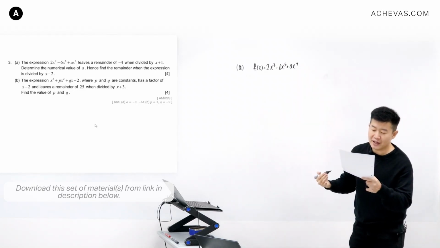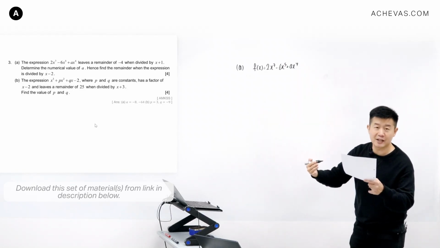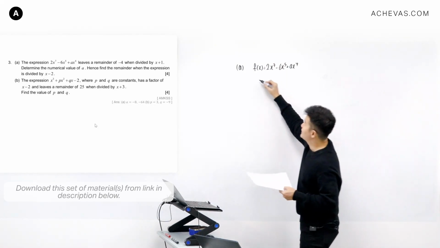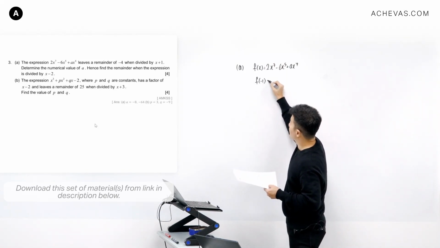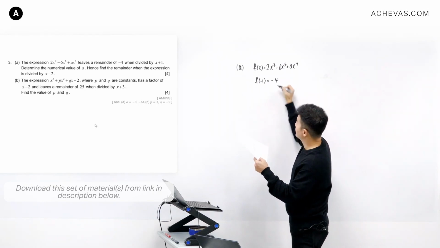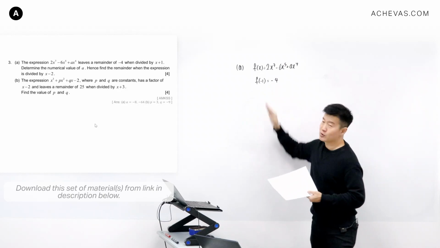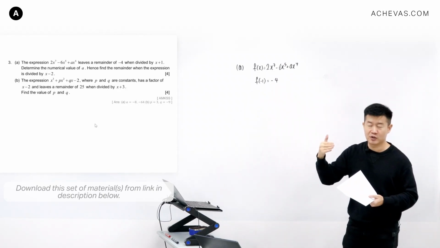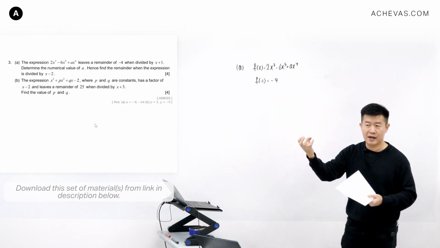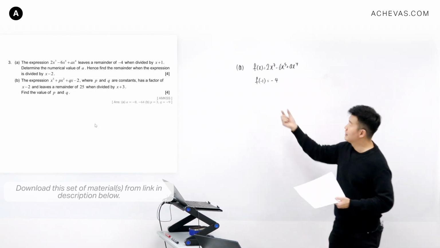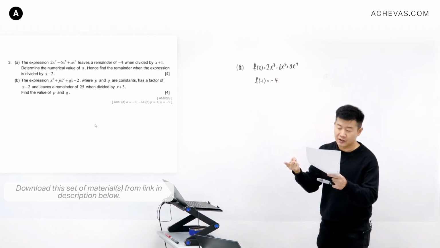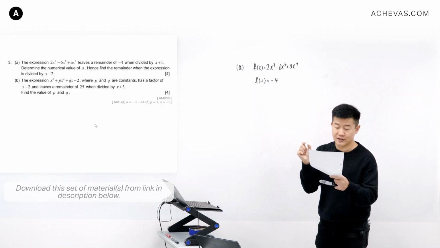It leaves a remainder of minus 4 when it is divided by x plus 1, which means that f of minus 1 is going to be equal to minus 4.